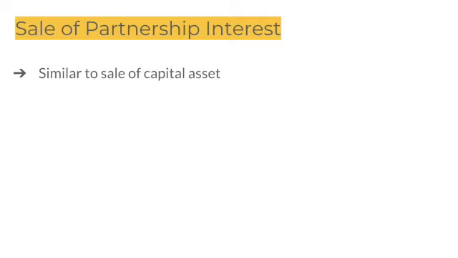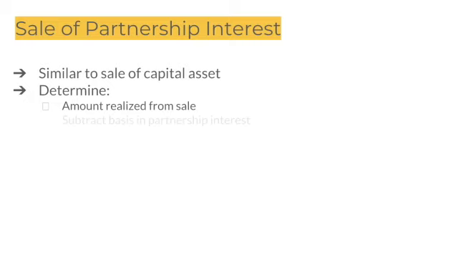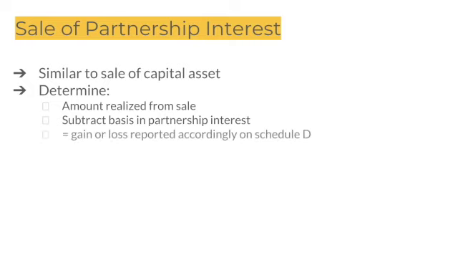Sale of a partnership interest. This is very similar to the sale of a capital asset because the partnership interest is treated as a capital asset, an investment asset. Amount realized from the sale, meaning everything they got as part of the sale price, minus the partner's adjusted basis in the partnership at the time of the sale, equals a gain or loss.